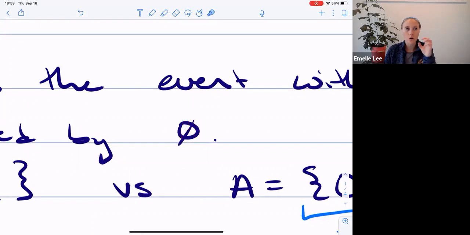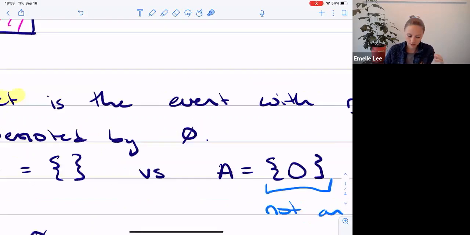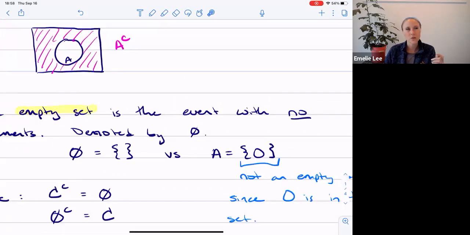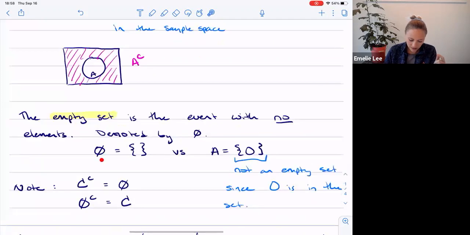So it's an O with a dash through it, or a slash through it, I think it would be. And so what we mean by the empty set is the set with nothing in it.